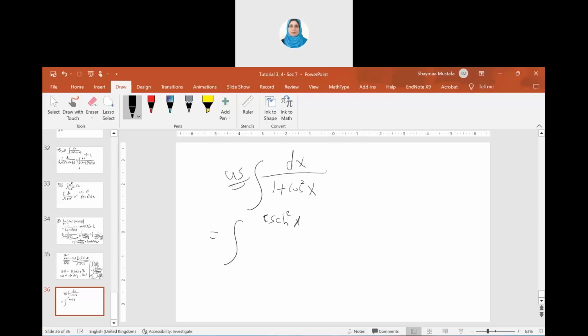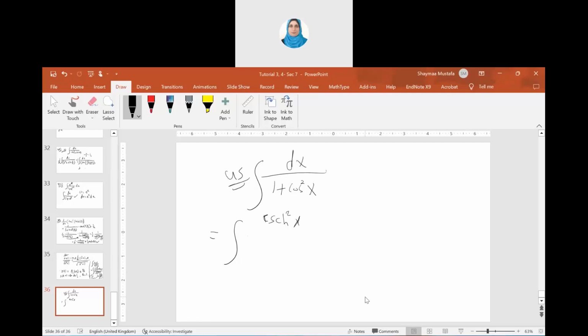I need to check the identities first. Or okay, you can also use this method if you don't like to use the identities.